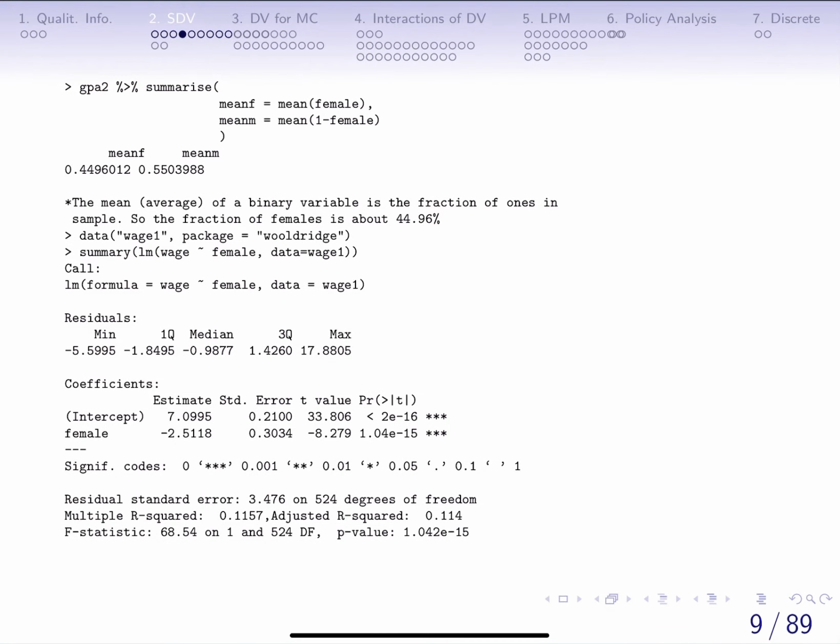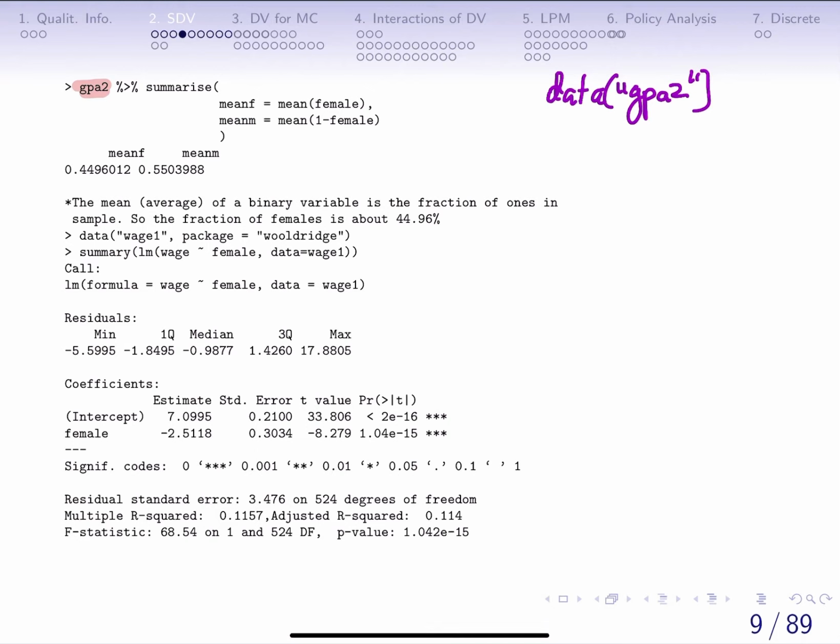Now let's take an example and see how we can do this in R. So assuming that you have the Wooldridge package installed and the Tidyverse package installed, you can take the dataset GPA2. So you need to say data(GPA2) before this.